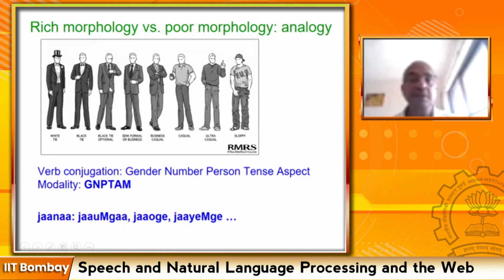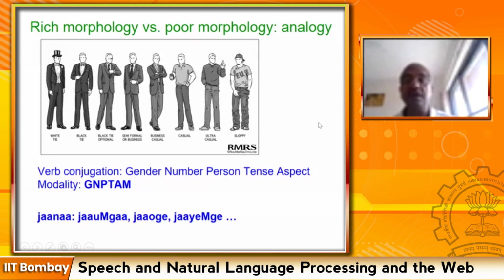So you see here a male person dressed in a different attire for different occasions. So first is white tie, second black tie optional, semi-formal or business, business casual, casual, ultra casual, and sloppy. These are different situations, and maybe the same individual is dressing differently for different occasions.